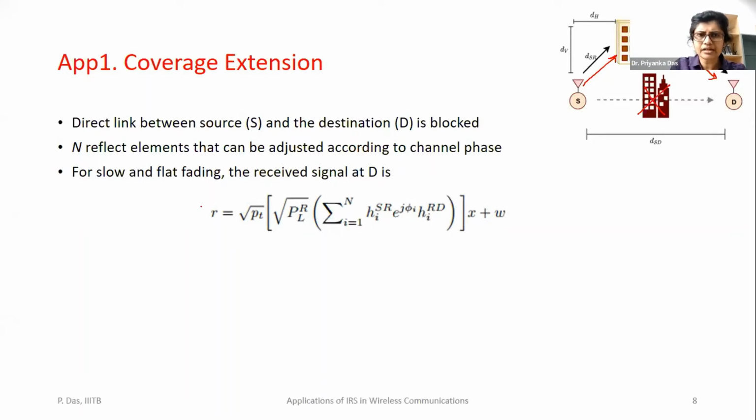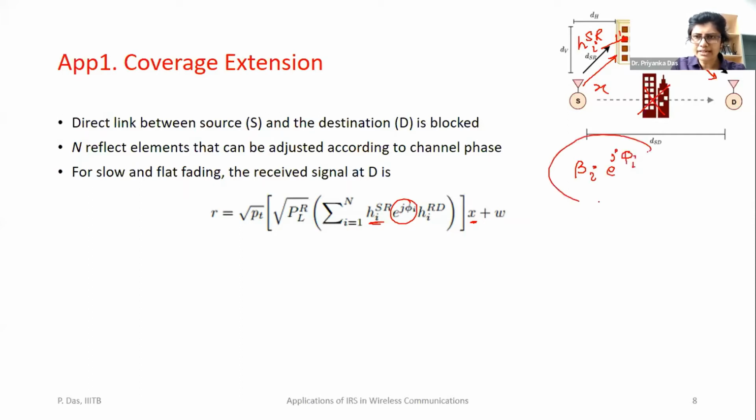When we write the signal amplitude, we will write this equation like this. The summation is over the IRS n elements, i equal to 1 to n, you have your X as input. First you will multiply h_SR,i, where i stands for the ith element. You have an e to the power j phi because I model my phase shift. Practically speaking, this will be beta_i into e to the power j phi_i.